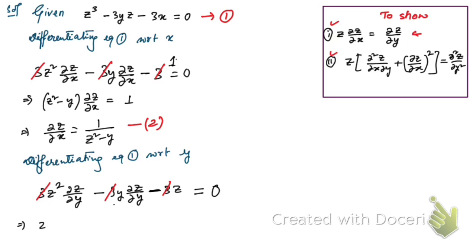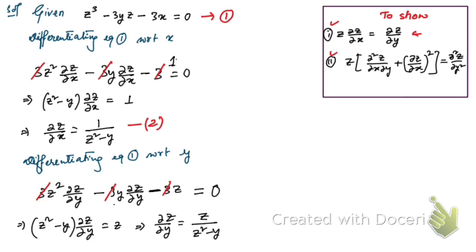Here you're going to get z square minus y, del z by del y, and you can transfer this z to the other side, that's going to be plus z. So that implies del z by del y is equal to z by z square minus y.